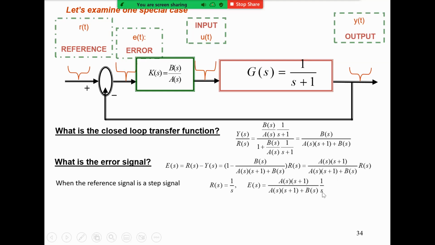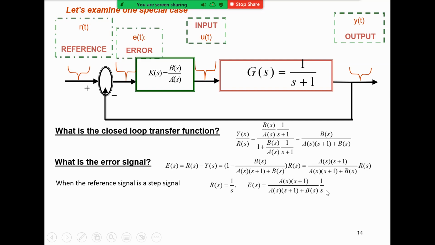So let's plug it in. R is 1/s, and this is the term which is 1 minus the transfer function. So this is the final expression of the error signal when the reference input is a step.